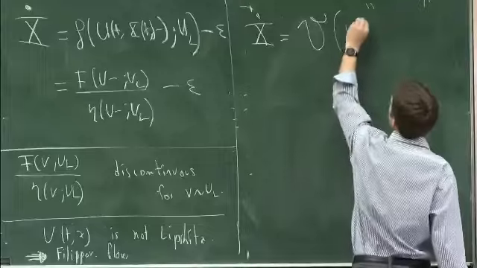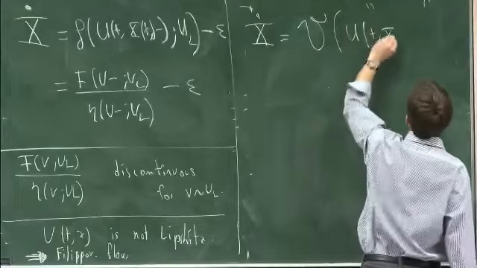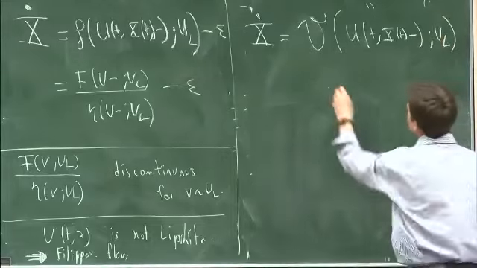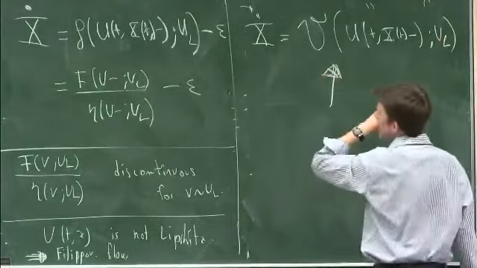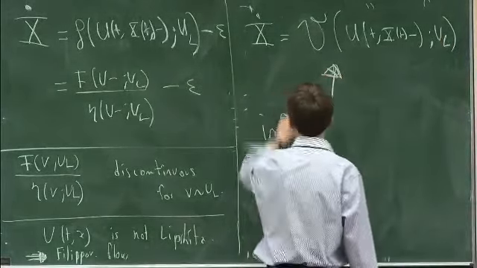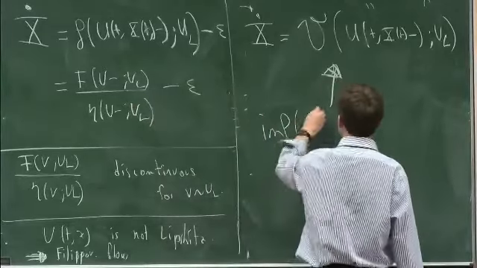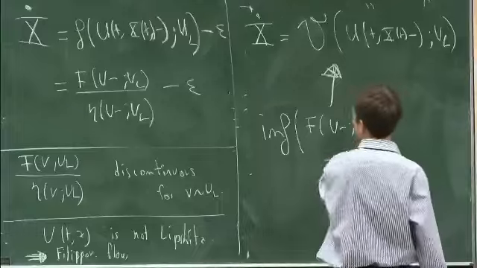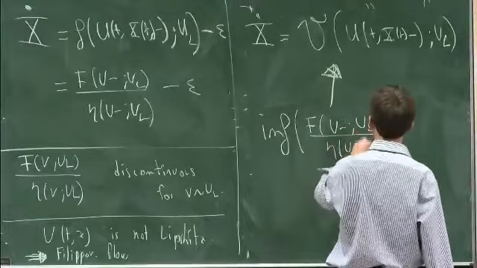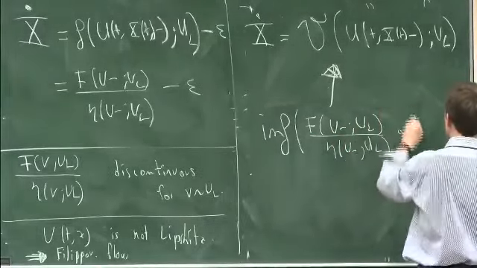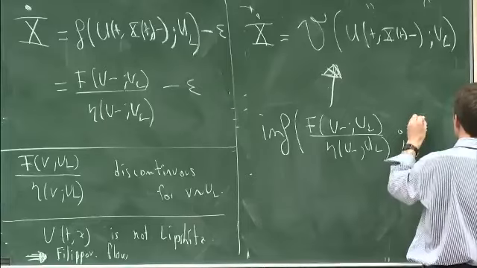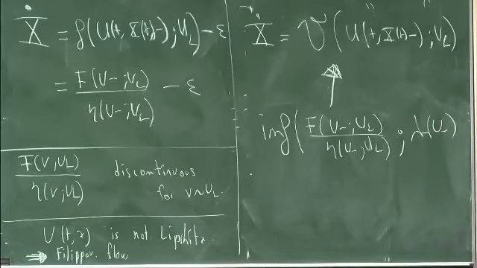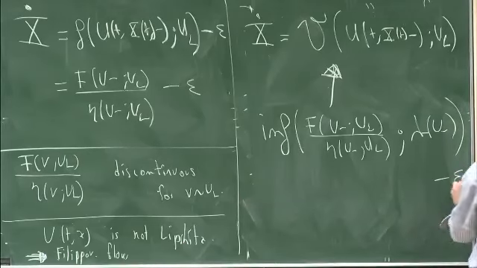V of u of t of x of t, actually minus ul, and this v will be, so the f of what we want here, which is f of u minus ul over eta of u minus ul, and the first eigenvalue minus epsilon.